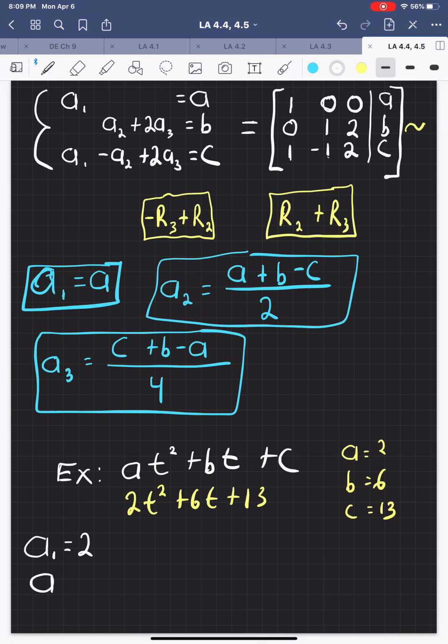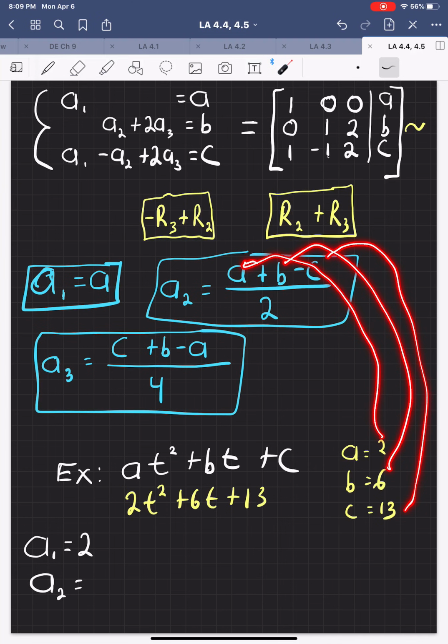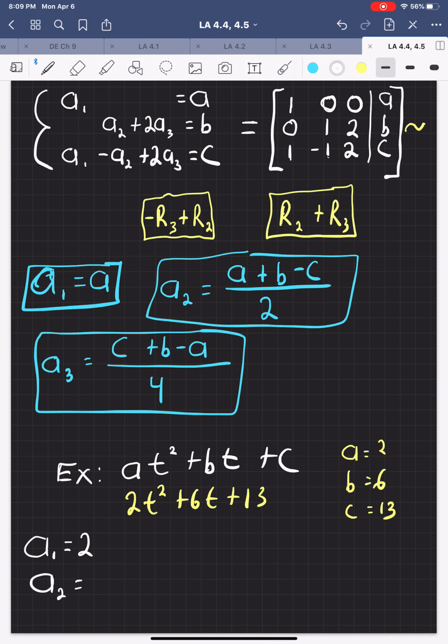What about A sub 2? Right, because this is a brand new basis. Let's plug in 2 for A, 6 for B, 13 for C. Right, so we plug these in. What would come back out would be negative 5 halves.